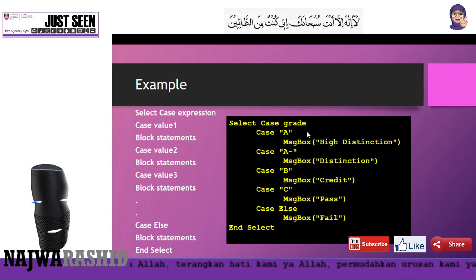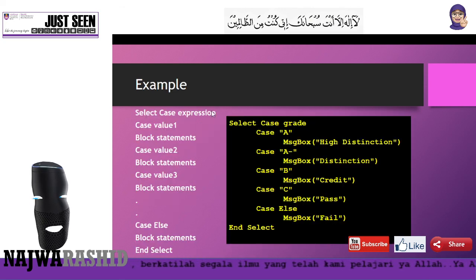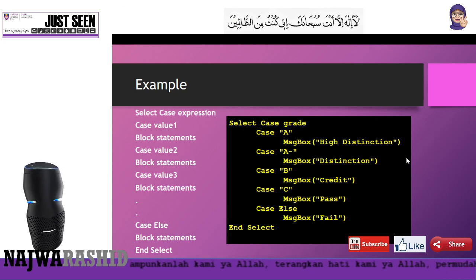Okay, for example, let's see, you have grade. Grade can have multiple conditions. So you select case grade. If case A, this means grade equal to A, so it will pop up high distinction.